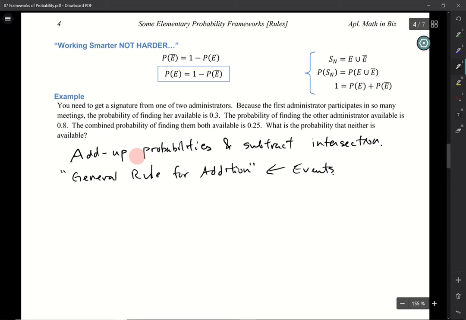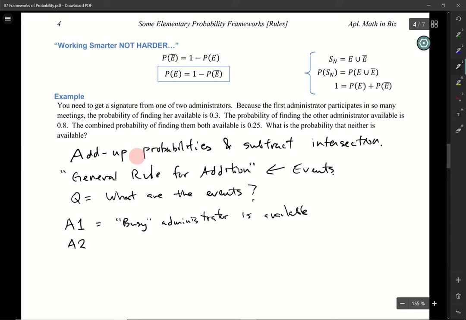As you start to work with these, the question is, what are my events? You can really use anything that you want, but here we'll just say A1 is that the busy administrator is available.